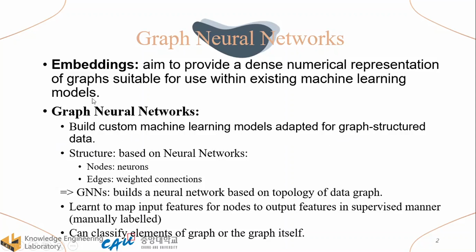The structure of a graph neural network is based on a neural network, in which the nodes in the graph are neurons and the edges are weighted connections. So a graph neural network tries to build a neural network based on the topology of the data graph. It will learn to map input features of nodes to output features in a supervised manner. A graph neural network can classify elements inside a graph or the whole graph itself.